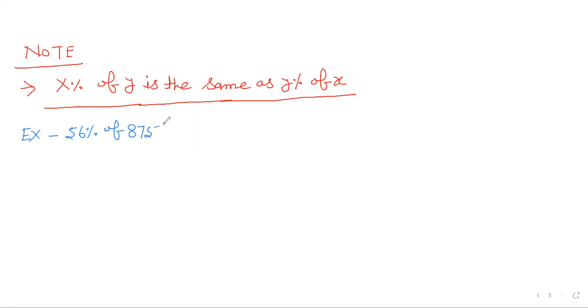At first glance, we see that 56 by 100 into 875 is the basic method to solve this question, right? But what can I do so that I can solve this question within 20 seconds?